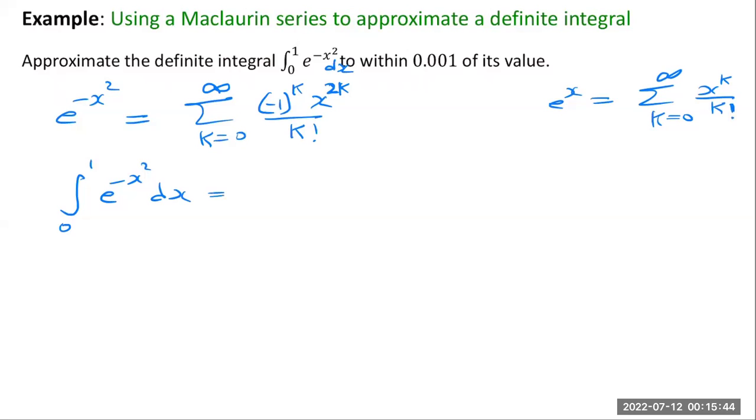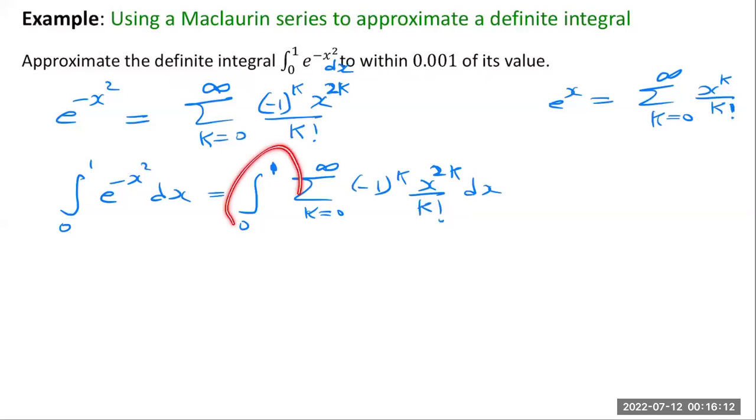That's equal to the integral from 0 to 1 of my Maclaurin series, because e to the power minus x squared is the same as this Maclaurin series: the sum from k equals 0 to infinity of minus 1 to the power k times x to the power 2k divided by k factorial, dx. Then I can send this integration inside the sigma notation by our theorem 8.12.